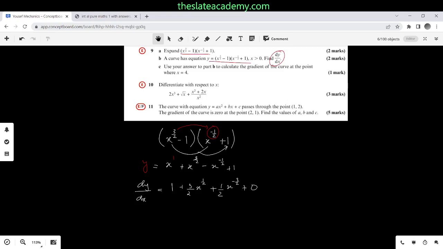Then the next part, so this will be dy by dx, that would be the answer for part B. For part 3, we have to calculate the gradient of the curve at the point where x is equal to 4.